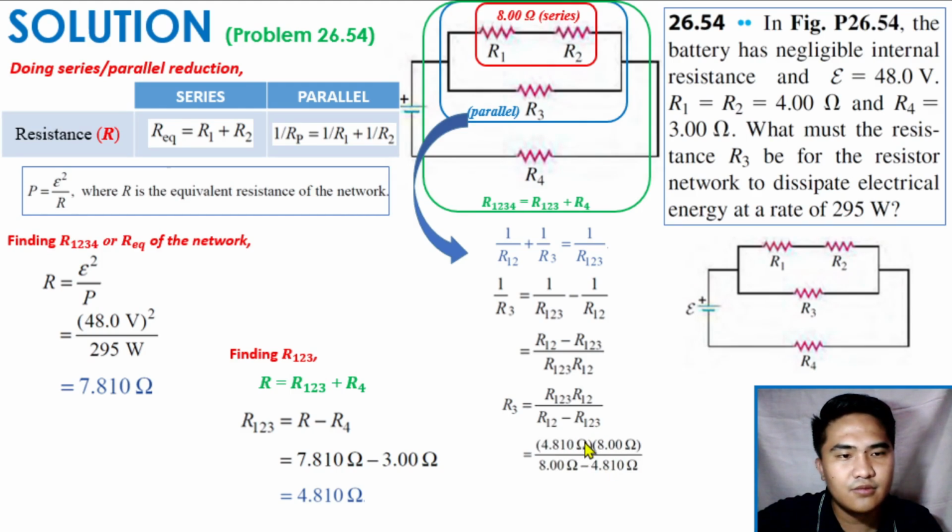Substituting the values, we have the value for R123, which is this 4.810 ohms, multiplied by R12, which is this, over R12, which is this, minus R123, which is this. Then this will give us the resistance of resistor 3, which is 12.1 ohms.